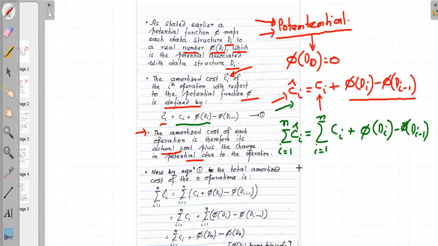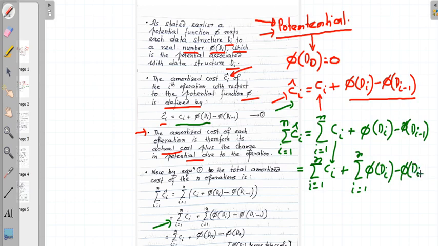Now we can separate this summation: the sum of Ci from i equals 1 to n, plus the sum from i equals 1 to n of phi of Di minus phi of Di minus 1.